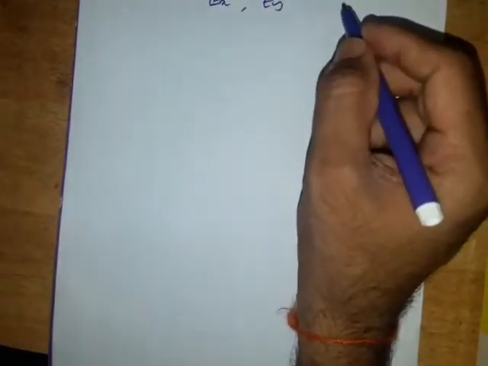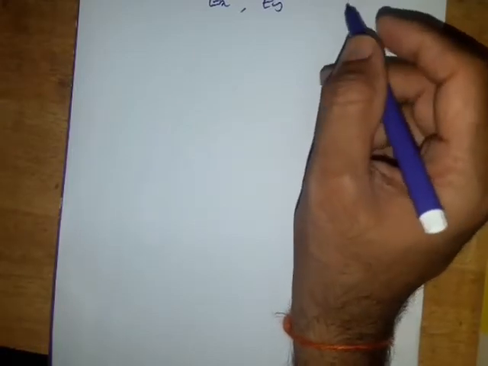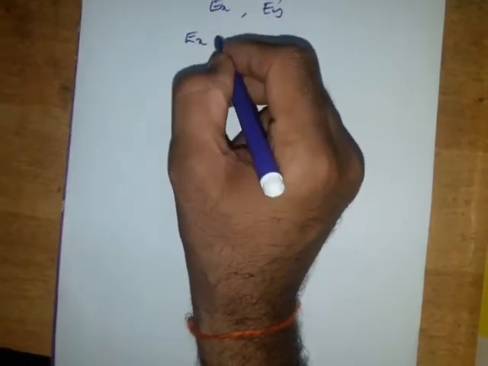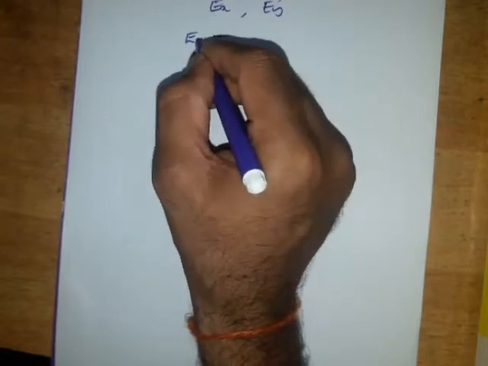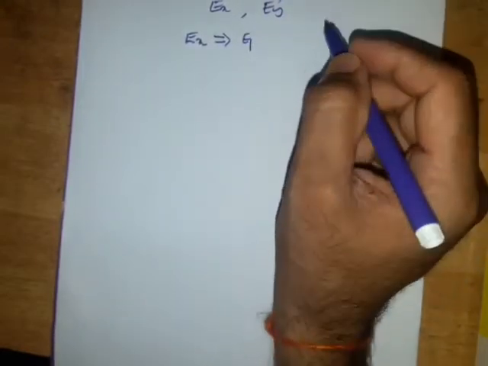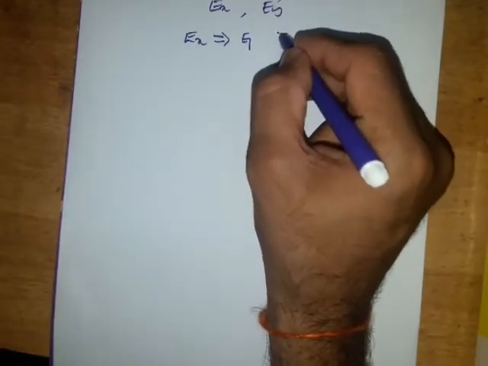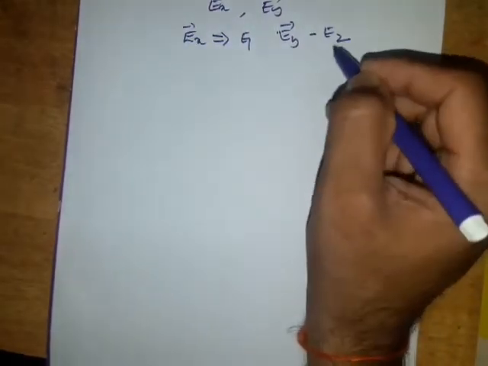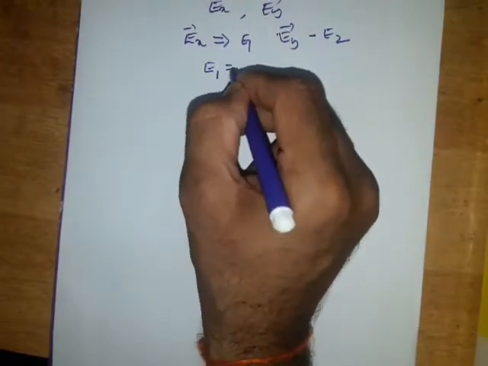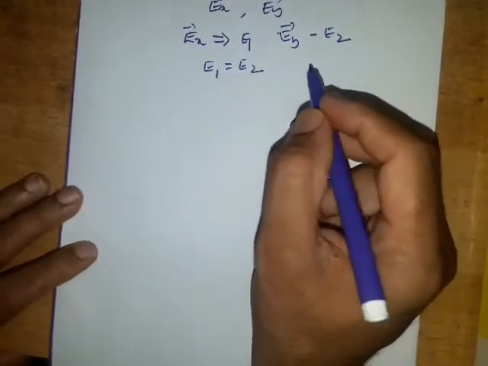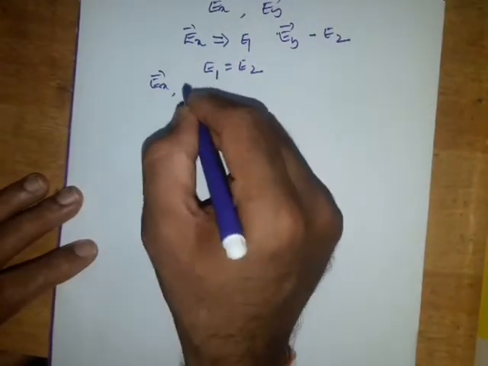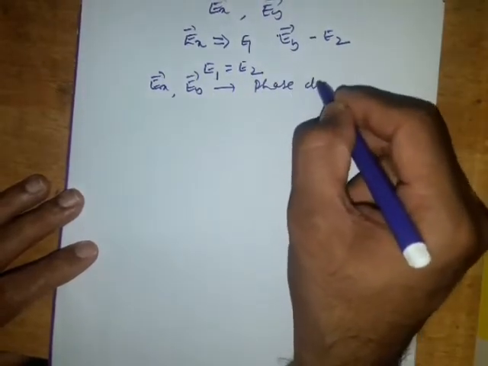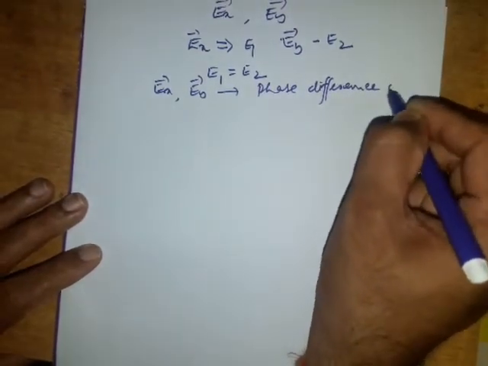These are the two components of the electric field vector, and if I take the magnitude of Ex as E1, and the magnitude of the Ey vector as E2, these two magnitudes are equal, and the Ex vector and Ey vector have a phase difference of pi by 2.